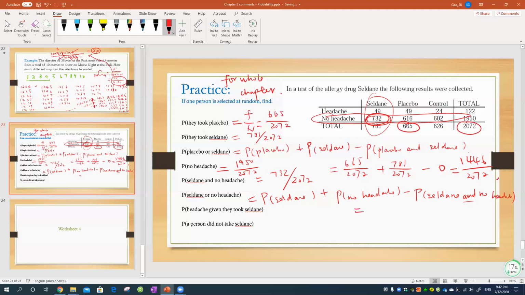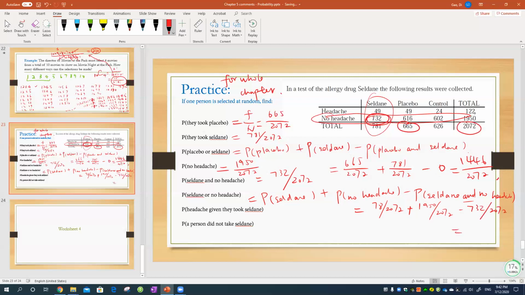So that's going to be the probability of Seldane, 781 divided by 2072, plus the probability of no headache, 1950 divided by 2072, and then minus Seldane and no headache, 732 divided by 2072.